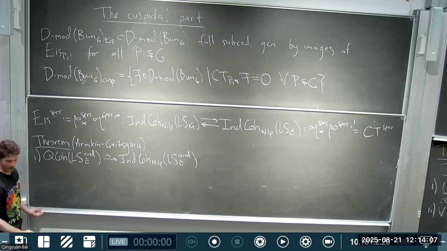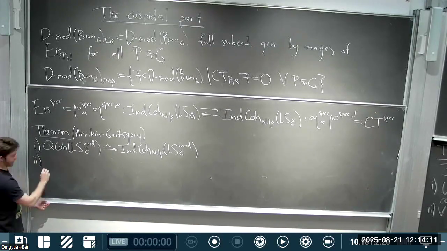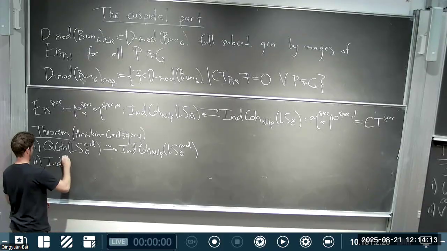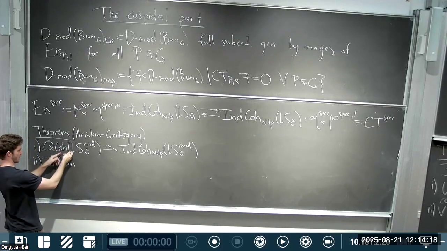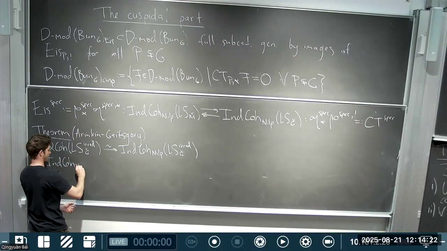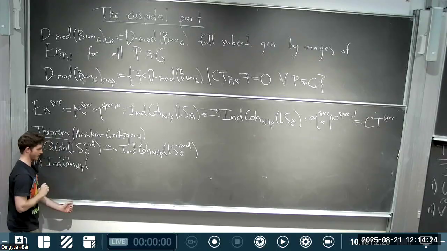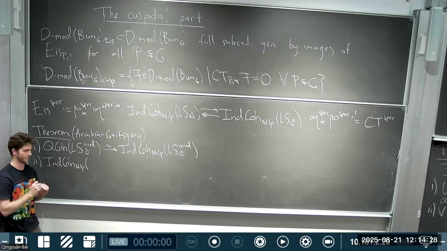And then point two is that basically if you take the part of QCoh that's star extended from the irreducible locus, and you take all of the spectral Eisenstein series functors, their images, then this is going to generate everything.